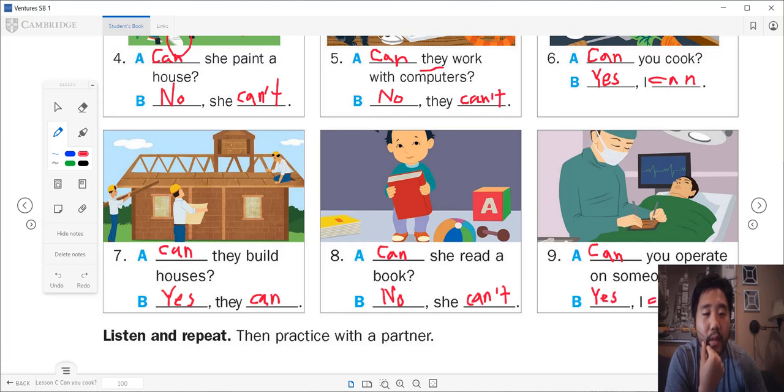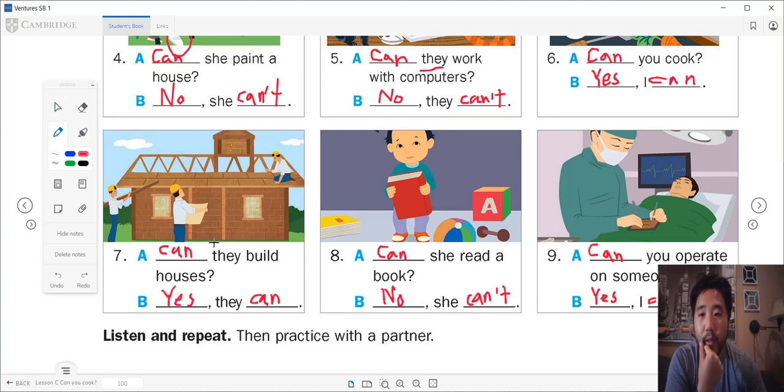When they say operate on someone, it means the same as doing a surgery. So it's talking about a doctor right now. He seems like he knows what he's doing, and so he can operate on someone. Okay.